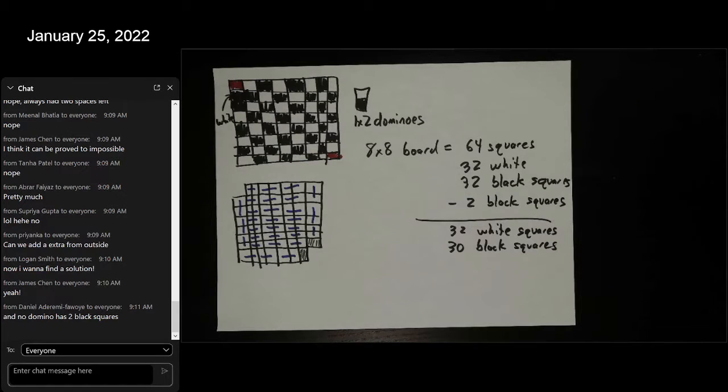So this class is at the same time going to be simpler than what you've seen before, and sometimes harder, because you're building up something new. You're focusing on proofs instead of calculations. We're not building on ideas you've been working on since kindergarten.